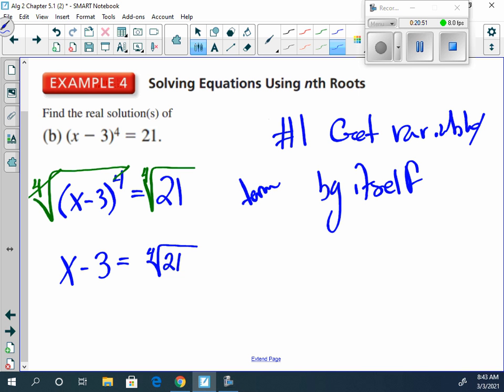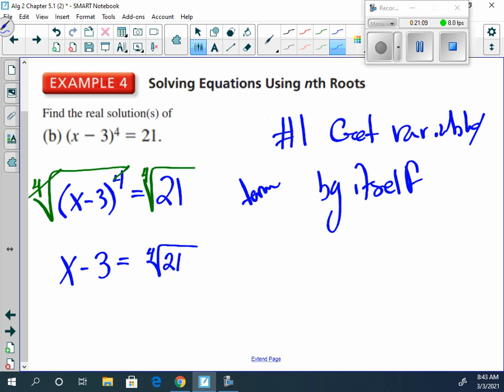Now, 21 won't have a nice fourth root, because 2 to the fourth power is 16. 3 to the fourth power is 81. So there's a big gap between those two there.